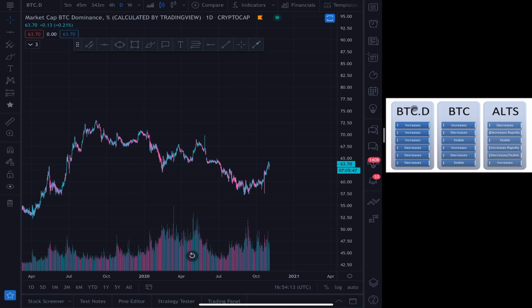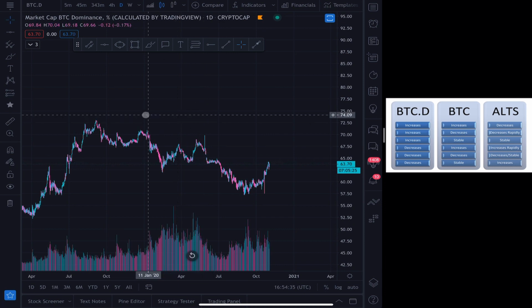So here we have Bitcoin dominance, Bitcoin, and how that correlation affects altcoins. Now this is really important because there are actually 6 different scenarios in which altcoins are going to be affected by this chart.